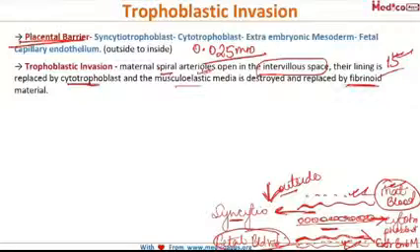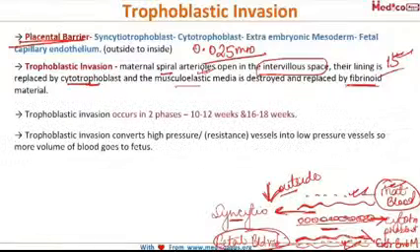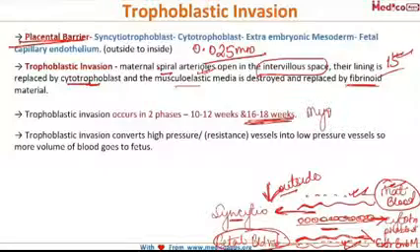And this trophoblastic invasion occurs in two phases. First, in the 10 to 12 weeks of gestation, in which the invasion is up to the decidual segments of the maternal arteriole, and the second phase, which occurs in 16 to 18 weeks, when it occurs up to the myometrial segments of the arterioles.